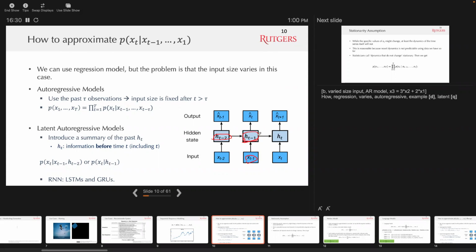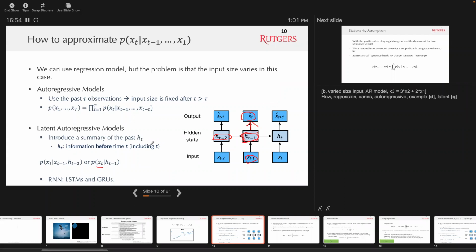And with this st minus 1, you can then go ahead to predict the next value. We use a hat to represent that it's our prediction. So this is actually already a recurrent neural network.